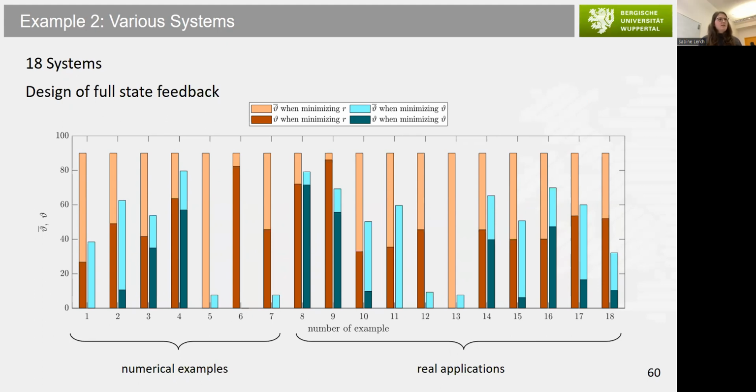And when we minimize the radius, we don't have any limitation in the damping angle, so it's 90 degrees. And in the light blue color, you see the upper bounds that we minimized, and this also leads to a minimization in the dark colors of the real damping angle. And in some examples, you even see that we reached 0 degrees of the damping angle, so we have no oscillation here.